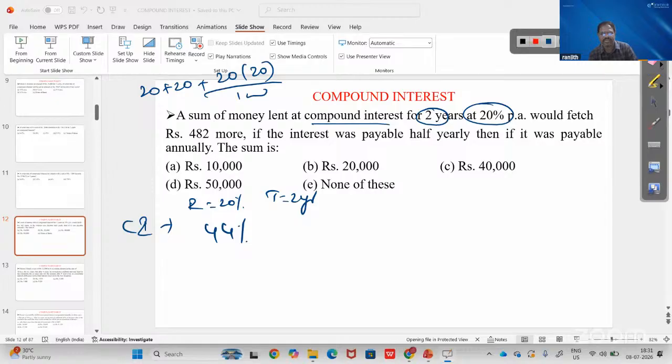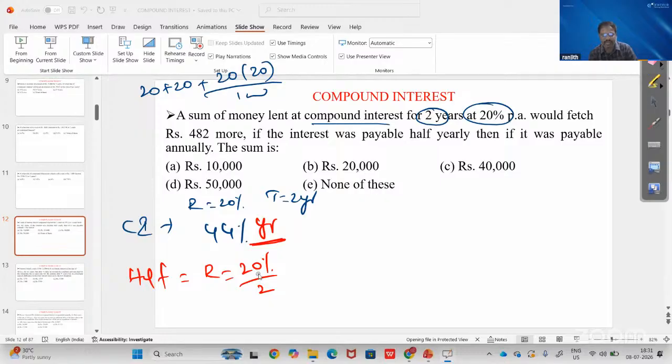Generally the person has to take yearly, but he is interested in half-yearly. What is the rate of interest per annum? R equals 20%, half-yearly is R by 2, equal to 10%.